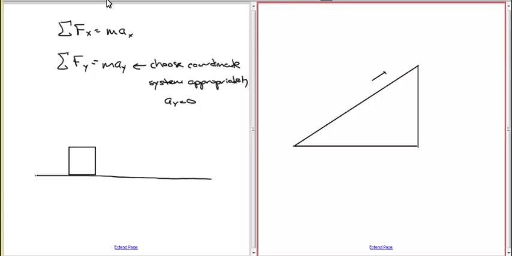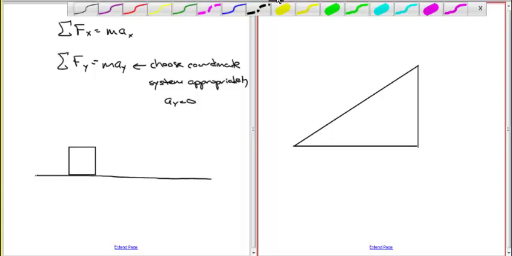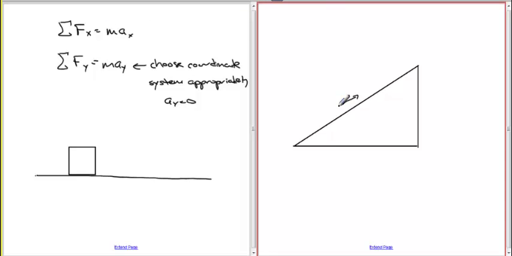So if you choose your coordinate system such that the x direction is along the plane and the y direction is perpendicular to the plane, there is no movement perpendicular to the plane, so this applies. So in this case, for any block that's being pulled up or pushed, sliding down, the sum of the forces in the y direction equals 0, and the sum of the forces in the x direction equals the mass times acceleration.